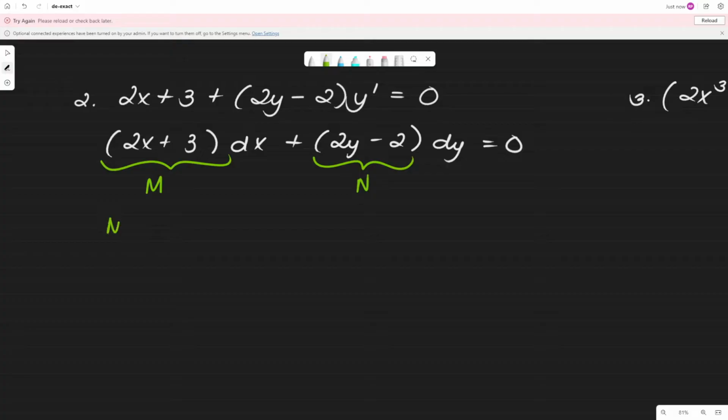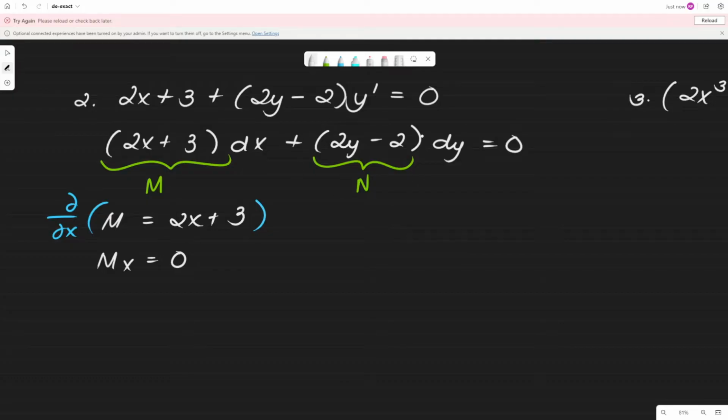So, let's get the partial. What's the partial derivative of 2x plus 3 in respect to y? So, basically, that is, of course, 0. So, we have m, para mapakita natin yung process. 2x plus 3, then let's get the partial derivative. Then we'll have m sub y is equal to 0 or m partial y is equal to 0.